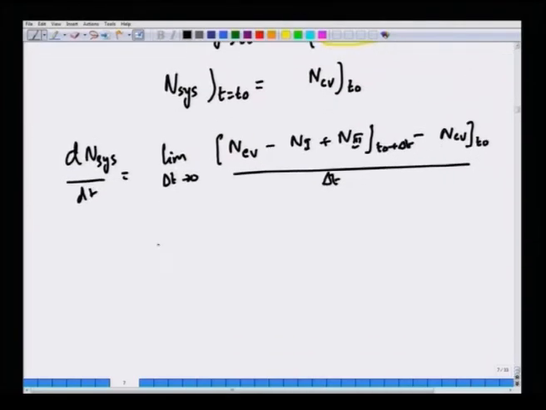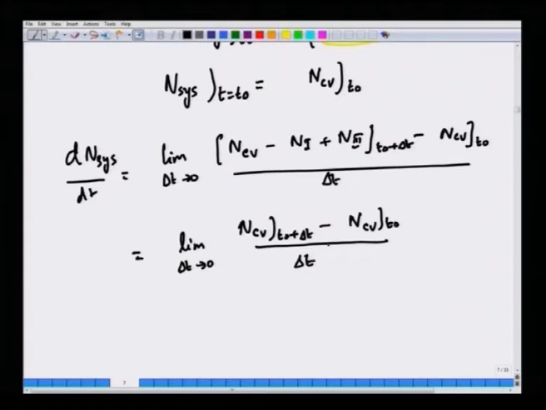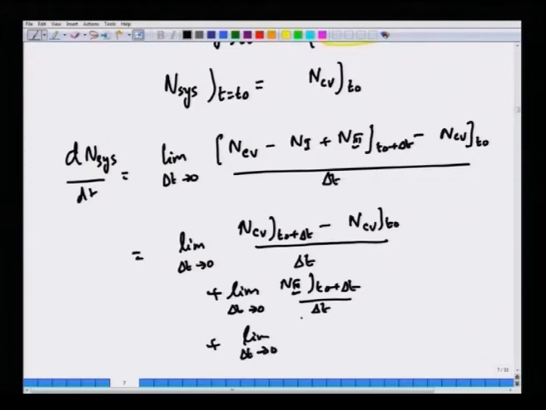This is nothing but limit delta t going to 0, N CV at t0 plus delta t minus N CV at t0, divided by delta t, plus limit delta t going to 0, N3 at t0 plus delta t divided by delta t, plus limit delta t going to 0, minus N1 at t0 plus delta t divided by delta t.